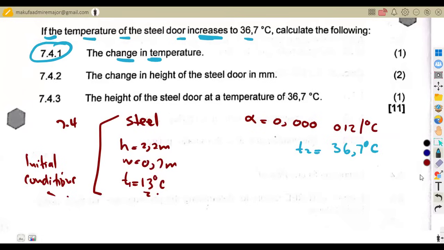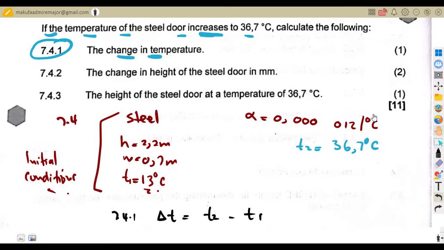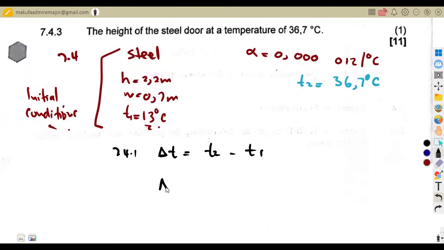The change in temperature, remember, is simply T2 minus T1. So you're just going to subtract our temperatures, in this case T2, that is 36.7 degrees Celsius, minus T1, which is 13 degrees Celsius. That will be 23.7 degrees Celsius, the change in temperature.